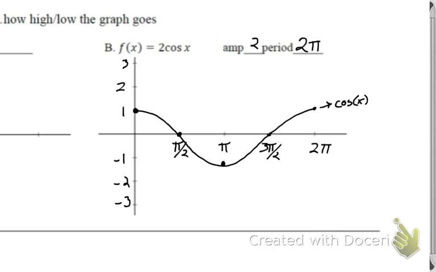So my highest point is going to be multiplied by 2. So it's now going to start at 2. My zeros stay the same. I'm going to go all the way down to -2. 0 stays the same, and now I'm going to go up to 2 instead of 1. And that guy right there is my 2 cosine of x.